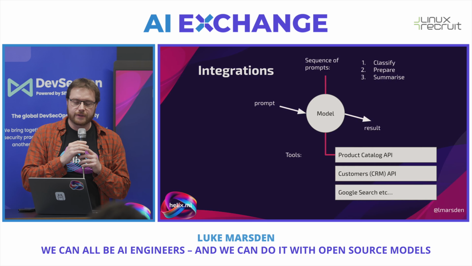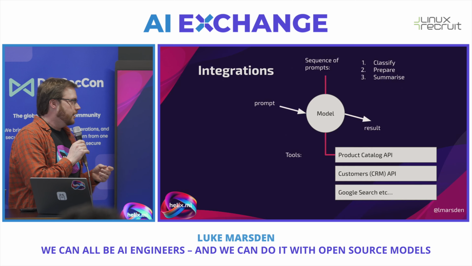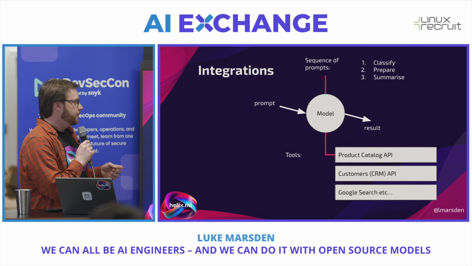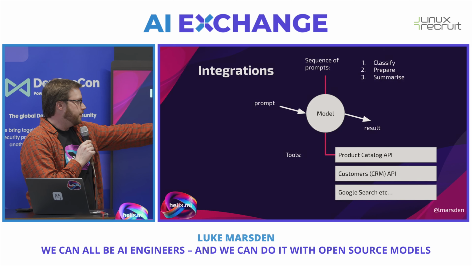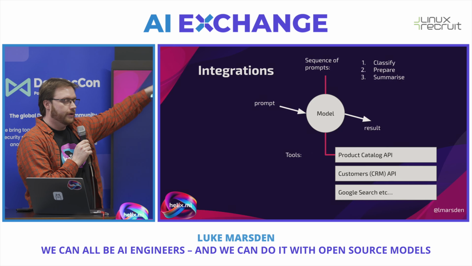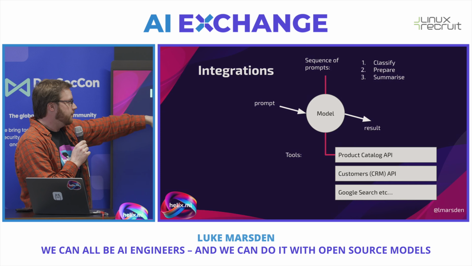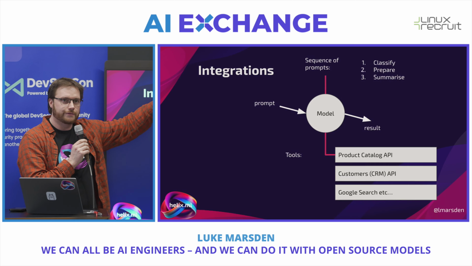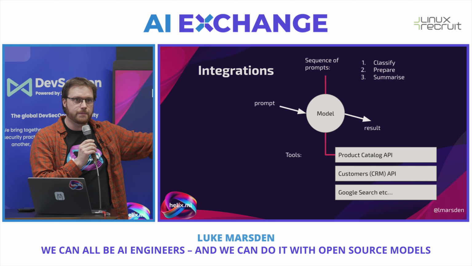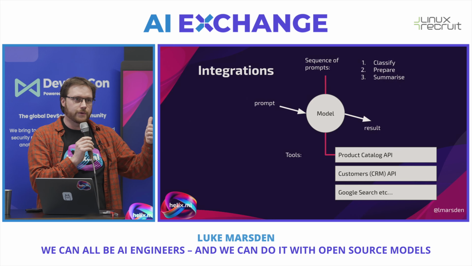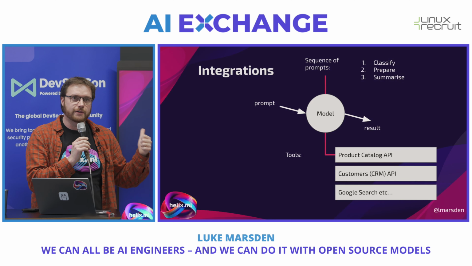So the way that you can do that is that you can take a prompt and pass it to the model. But actually what happens under the hood is that prompt gets passed through a sequence of other prompts sort of built into the system that does the API calling. So the first one is to classify the user's query.